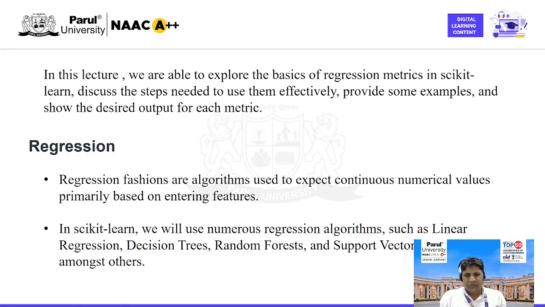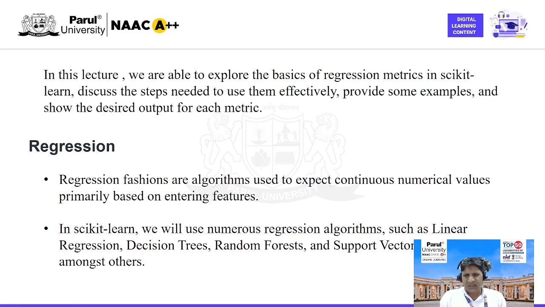First of all, we need to know about regression. If we use regression metrics, then we should first know about regression. Regression is a technique or algorithm used to predict continuous numerical values, primarily based on input features. In scikit-learn, we can use numerous regression algorithms such as linear regression, decision tree, random forest, support vector machines, amongst others.